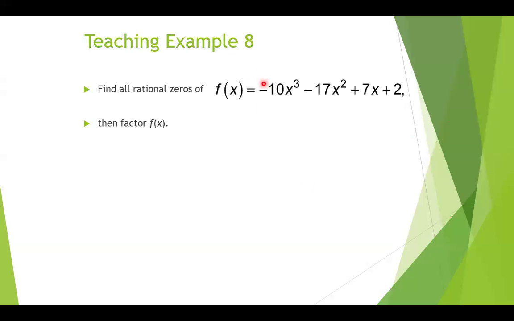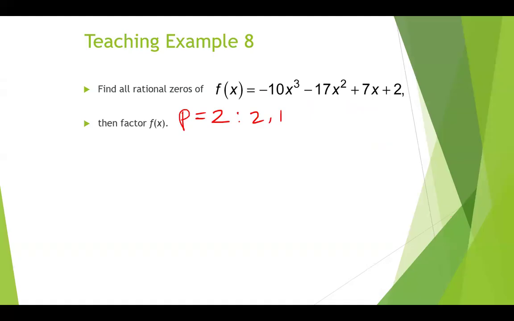So here's ours. We have negative 2x cubed minus 17x squared plus 7x plus 2. We've got to find our P and our Q. Our P is our constant, which is 2, and the factors of our constant are just 2 and 1.